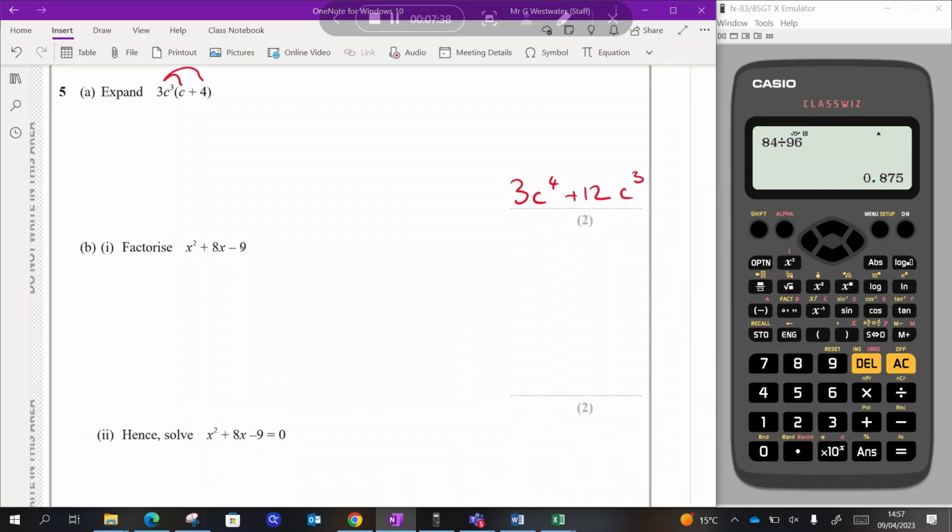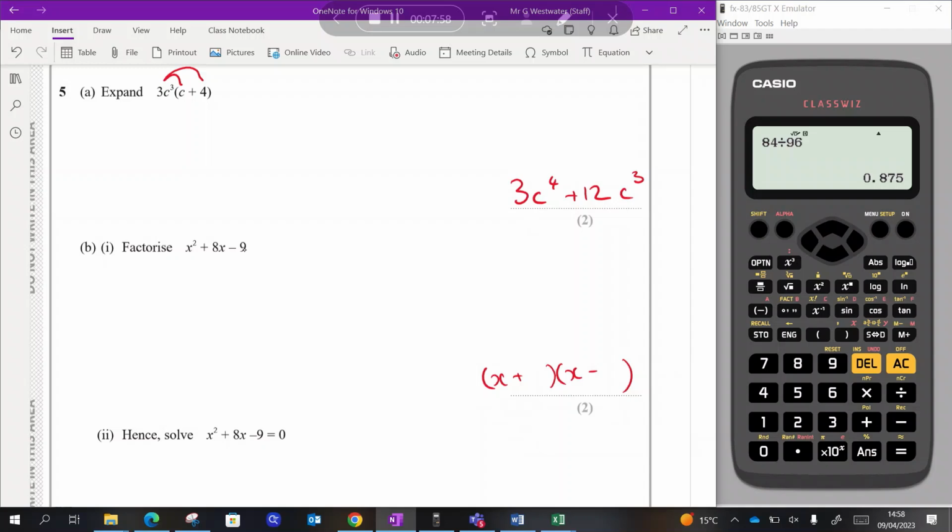Okay, then we have a factorised question. Now, we've got no common factors going on here. It's a quadratic, so we need to put it into 2 brackets. So we're looking for 2 things which multiply to minus 9. Well, straight away, as it's a monic, we can just put x and x in front, and because it's a negative, we know one bracket must be plus and one must be minus.